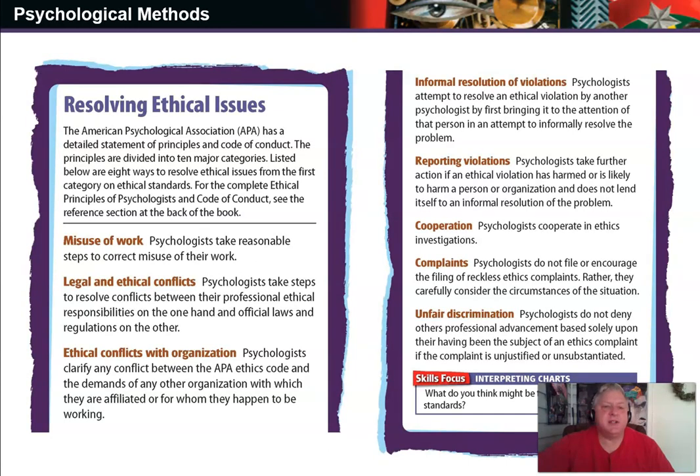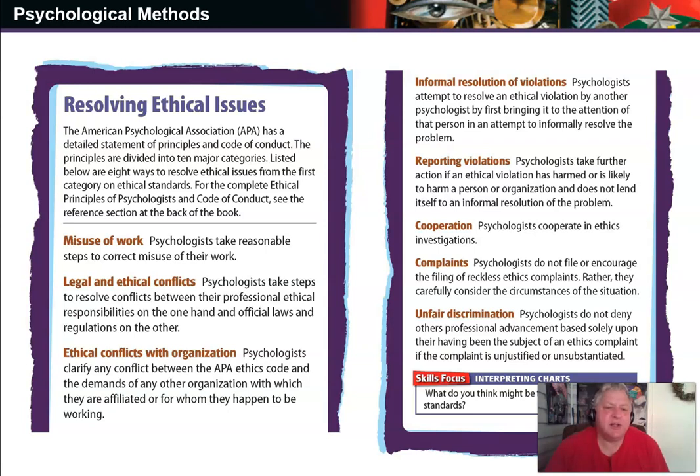The American Psychological Association has a detailed statement of principles and code of conduct that are divided into 10 major categories. Listed below are 8 ways to resolve ethical issues from the first category of the ethical standards. For complete ethical principles of psychologists and code of conduct, see the reference section at the back of your book.